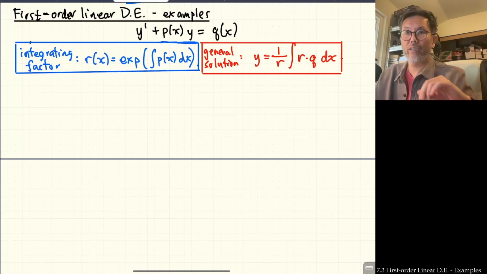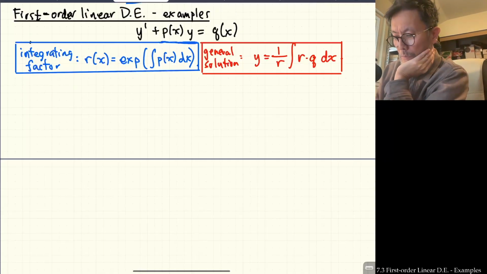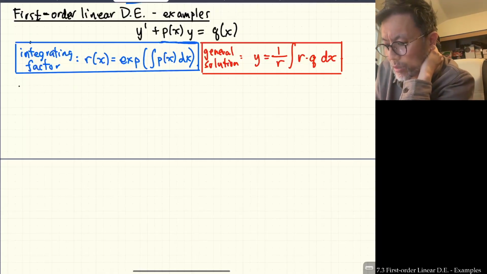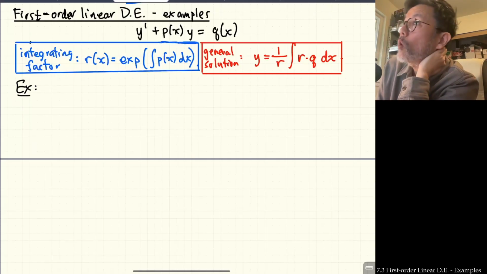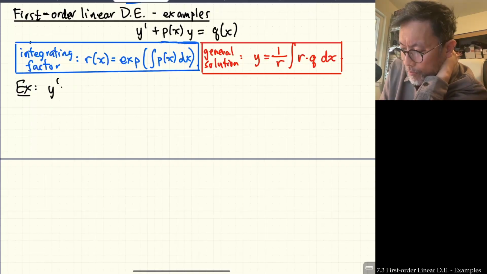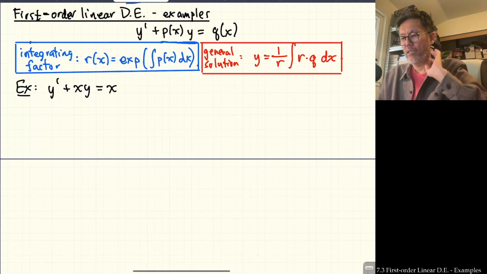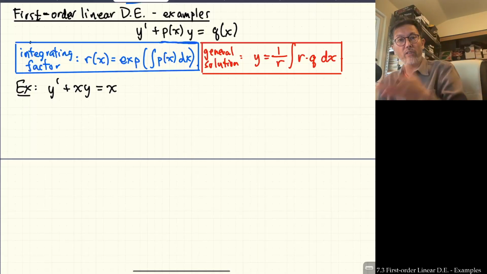So let's start with a really simple one. I'm just pulling exercises from the textbook. Let's do y prime plus xy equals x. Okay, now this is written for us in the form of a first order linear differential equation.